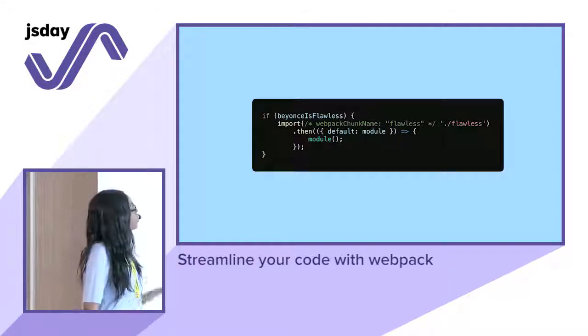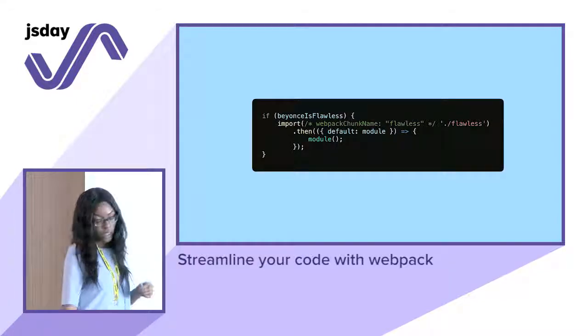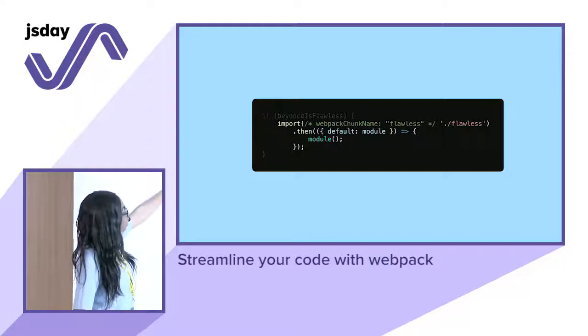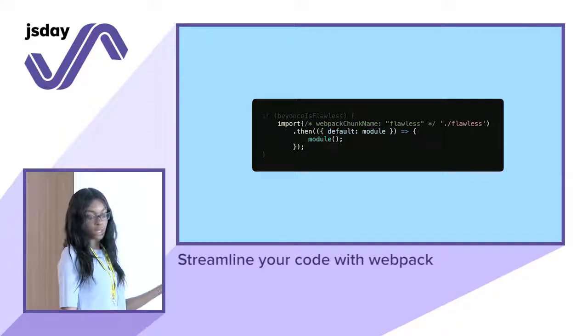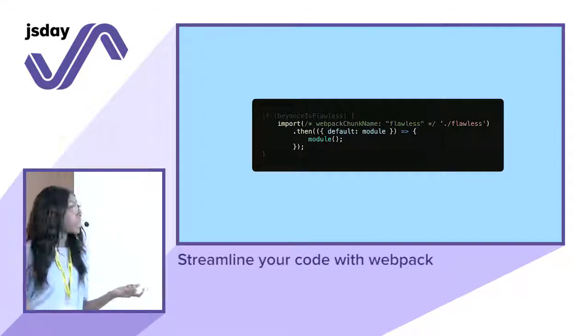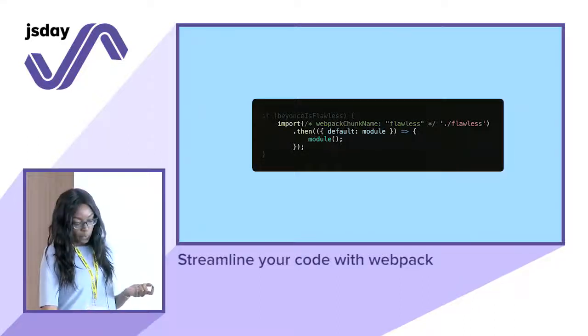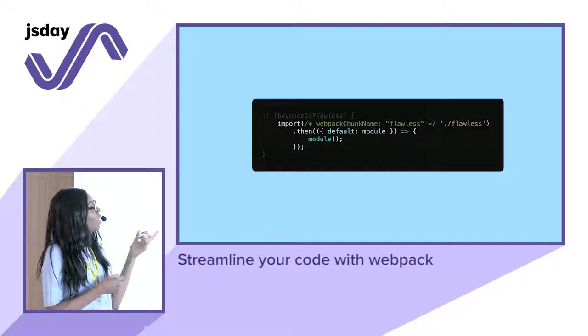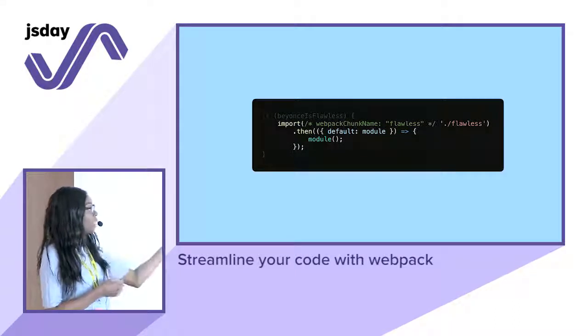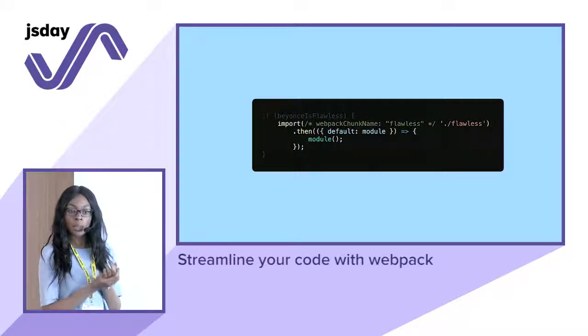And then you'll also spot the magic comment here inside the import call, webpackChunkName, and we've given it the name flawless. This is completely optional, actually, but Webpack will take the module that you've passed in and make a separate bundle for it.